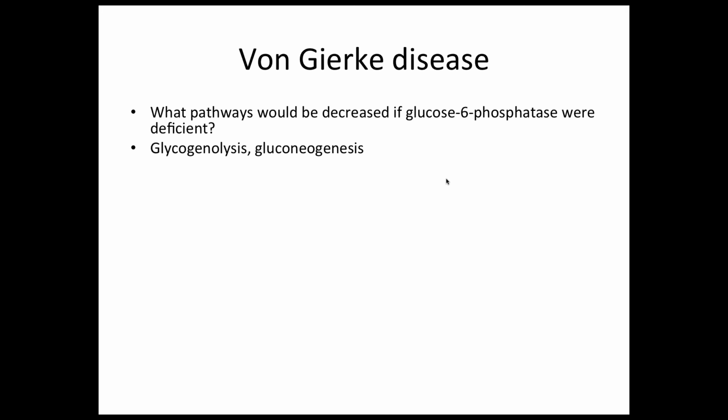So both of these processes have the same final step, glucose 6-phosphatase, which is the same exact thing that is deficient in von Gierke. So it makes sense that if I had a deficiency in glucose 6-phosphatase, glycogenolysis and gluconeogenesis would both be decreased, right?